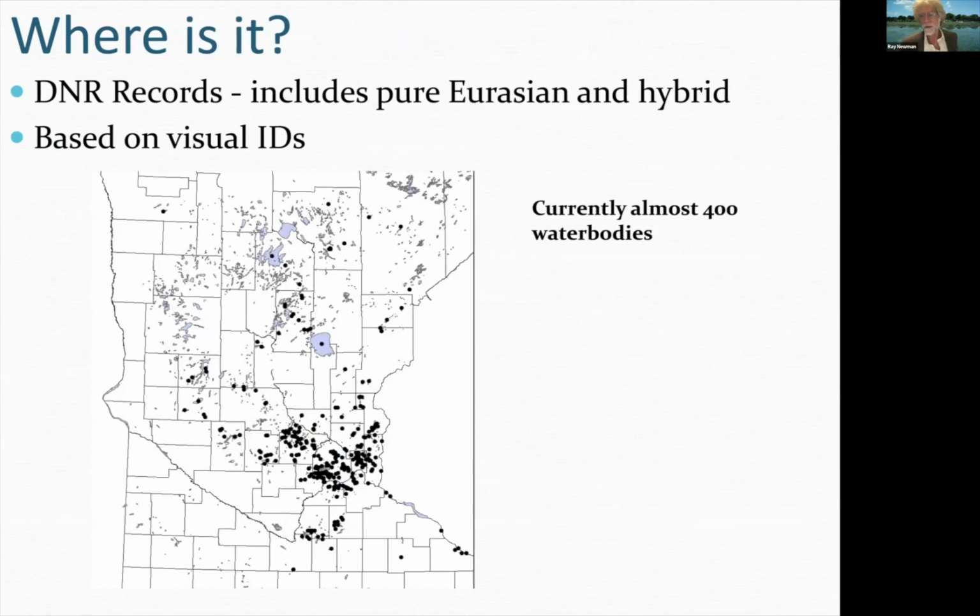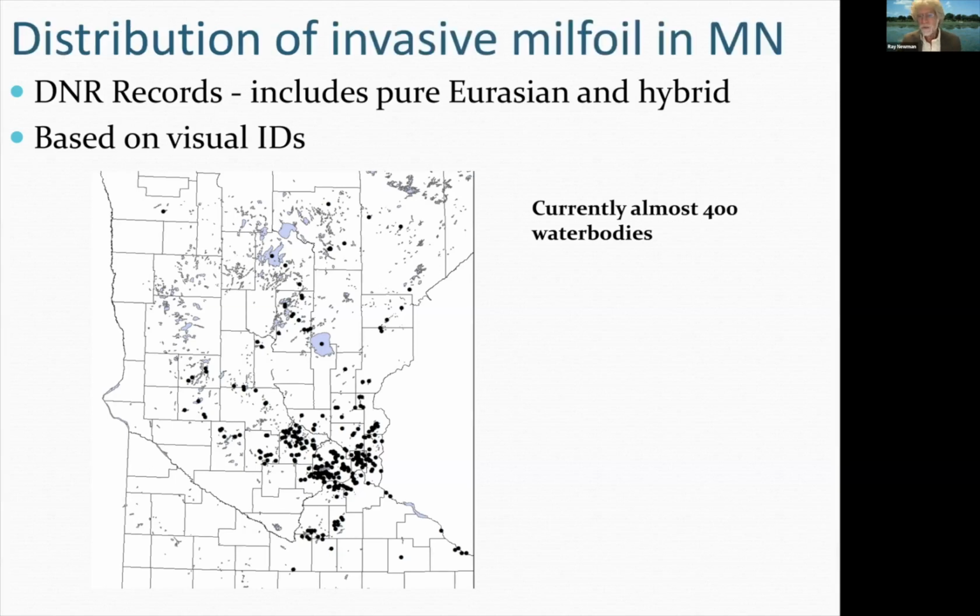The DNR records of county distribution of milfoil don't distinguish between hybrid and Eurasian. Originally all this was based on visual IDs. There are some genetic ITS IDs on those, but the distribution includes non-native milfoil, which would be hybrid or Eurasian water milfoil. Currently, we've got these in about 400 water bodies, either Eurasian or hybrid water milfoil.